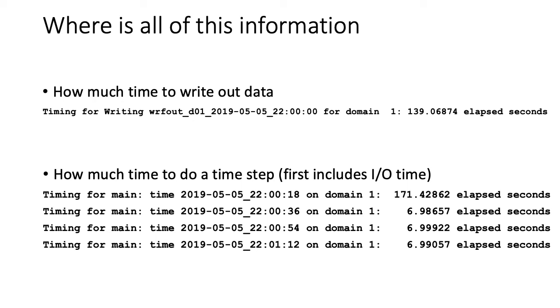So looking at this data, we would say about 7 seconds to run a single time step of the model and about 140 seconds to output some data. If it takes a factor of 20 to output data compared to a time step, it's probably an indicator that we want to spend a little bit of time and do some optimization for I/O.